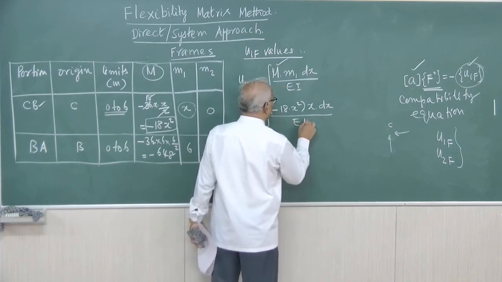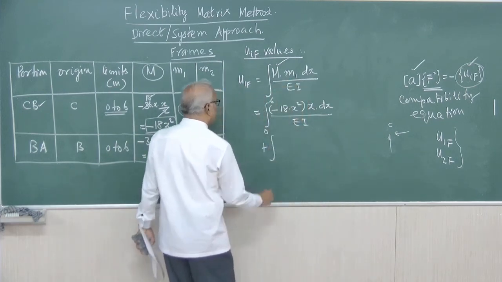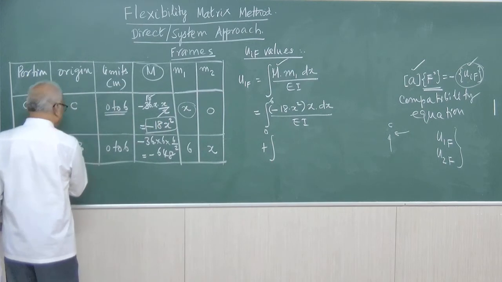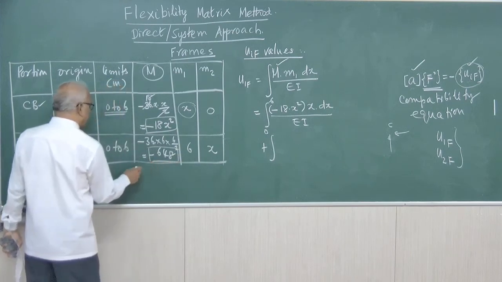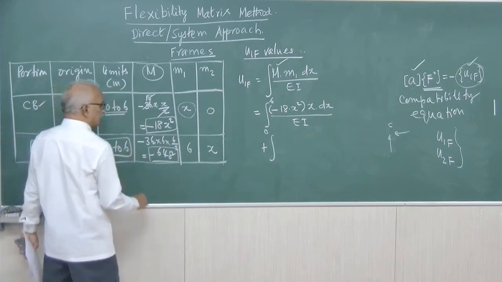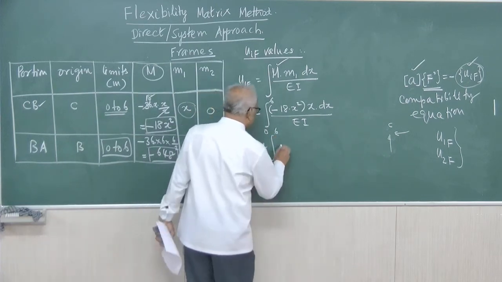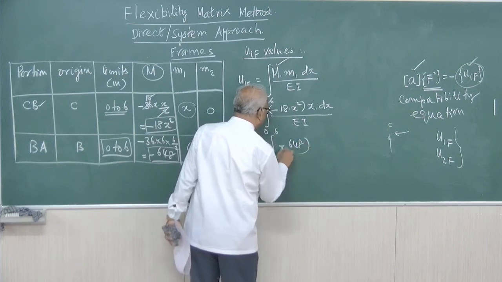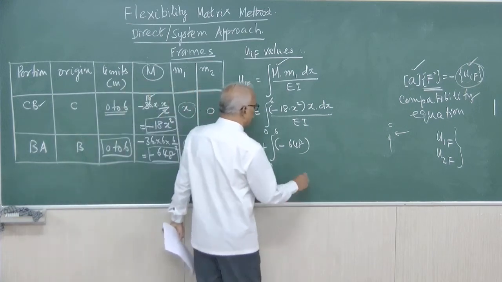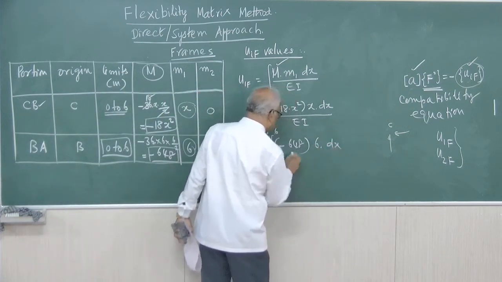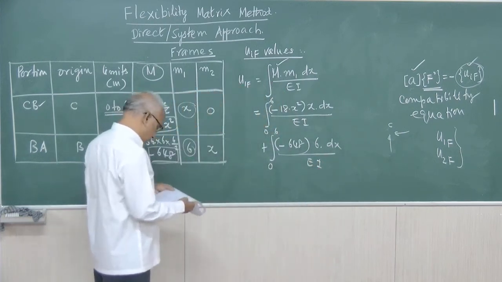There is no change in the value of I, therefore EI, plus for the portion BA, M is minus 648, limits 0 to 6 meters, into M1. M1 is 6, into dx by EI.